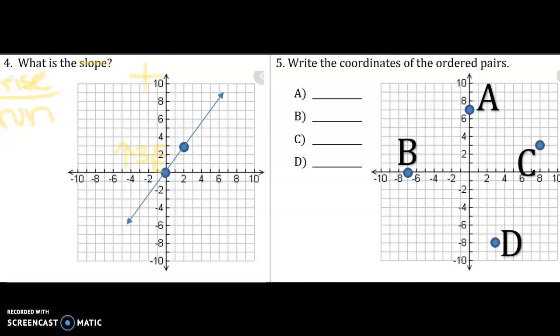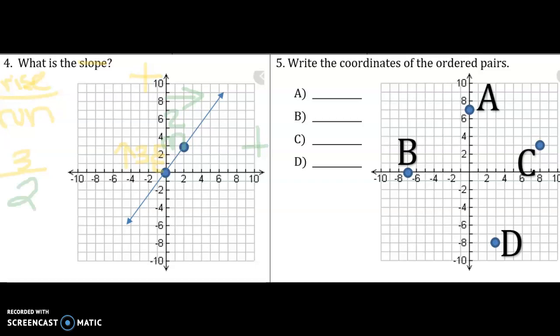So we know this is going to be a positive 3 for our rise, and for our run, we're going to go 1, 2 units, and you notice that we travel to the right. Well, what numbers are to the right side? Positive numbers. So this is going to be a positive 2.